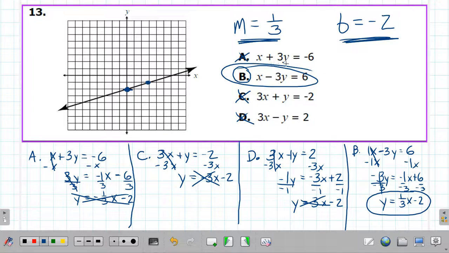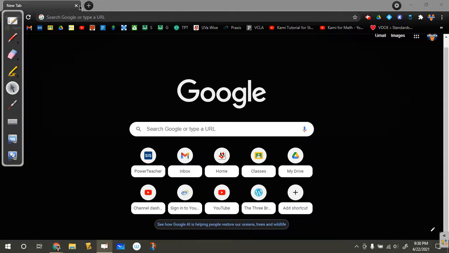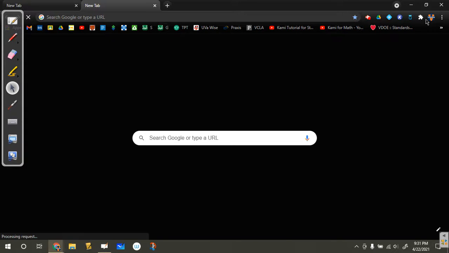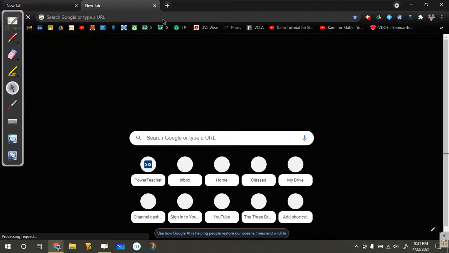Now, I do want to say there is an easier way to figure this out if you have a Desmos calculator, and this is something we'll get more and more into as we go. But if you're pressed for time and you have to figure out the answer to this and you don't have time to simplify every single one of these into slope-intercept form, you can simply go to your graphing calculator.